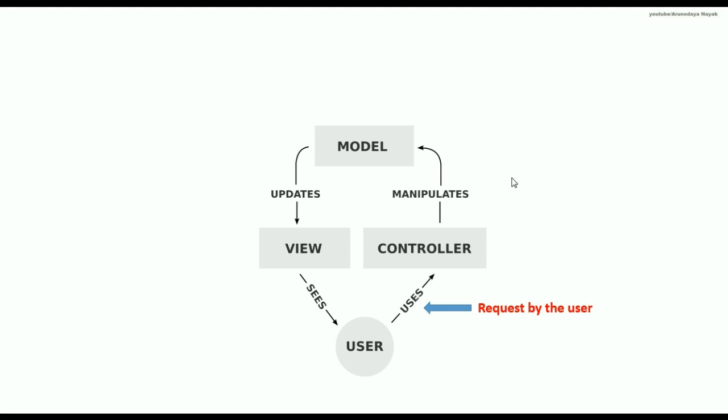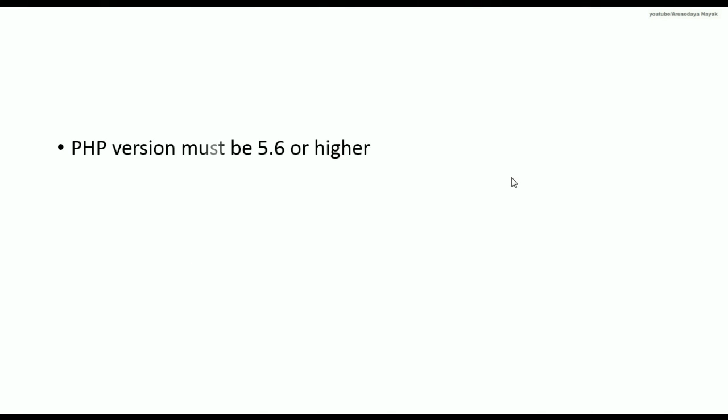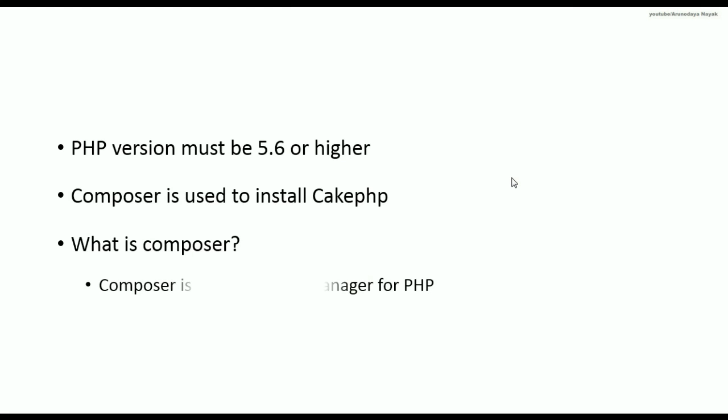So the next step, after knowing what MVC is all about, is to learn how to install CakePHP. The installation of CakePHP 3.x. For installation, we need PHP 5.6 or higher. To install CakePHP, we need Composer, which is a dependency manager for CakePHP.